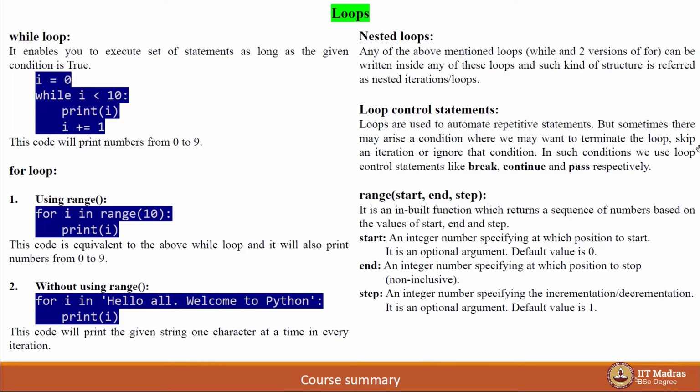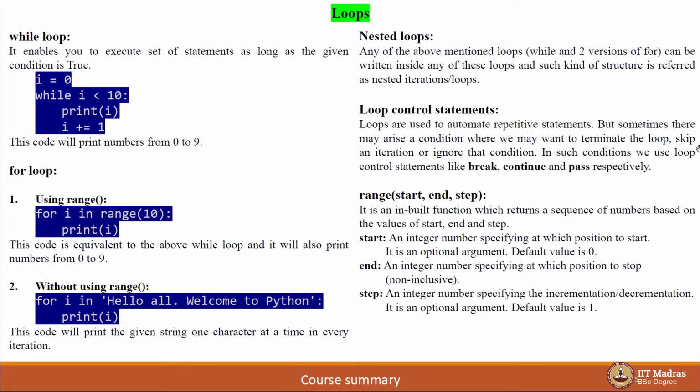And as we were discussing for loop using the range function, this range function becomes very important with respect to the Python programming language. So let's look at that range function in detail. This range function can take a maximum of 3 arguments. The first one is start, second is end, and third is step.